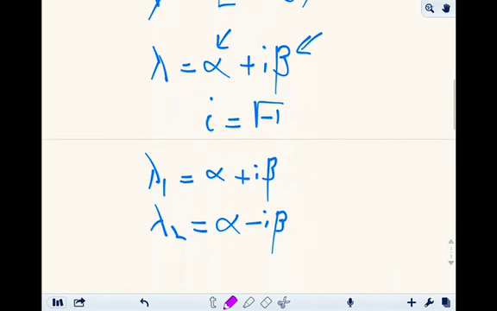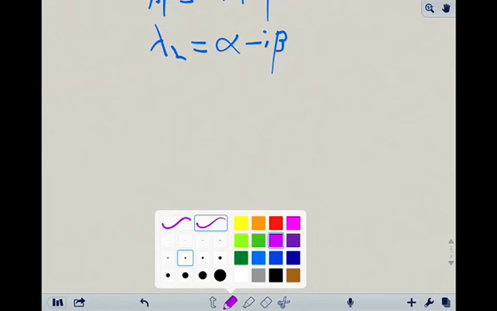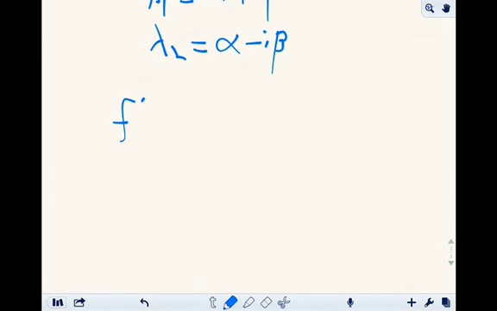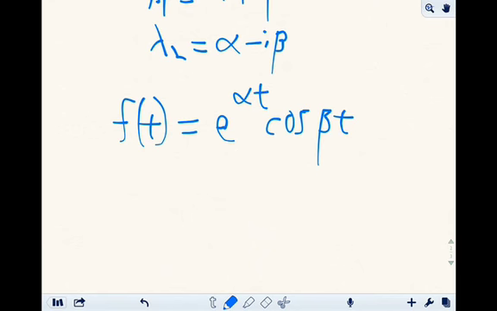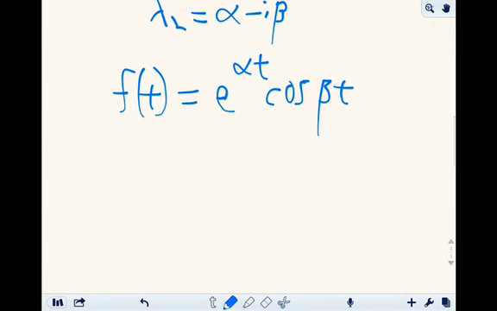If we look at the general function f of t equals e to the alpha t cos beta t, essentially our solution above is written as functions of this form, an exponential times a harmonic.